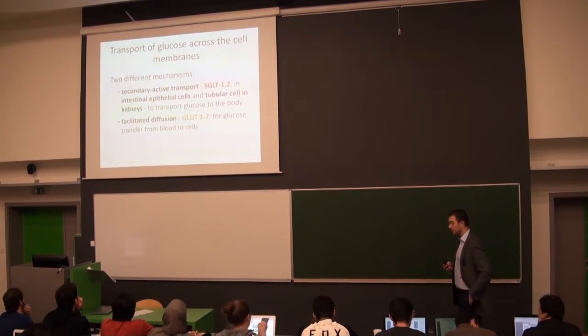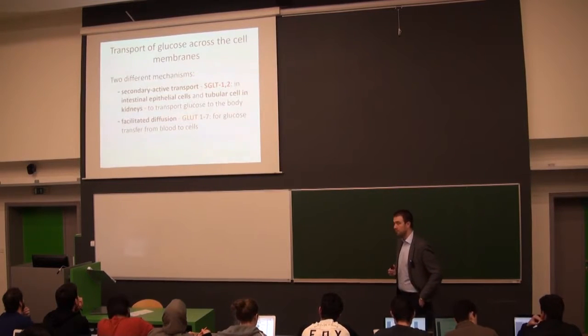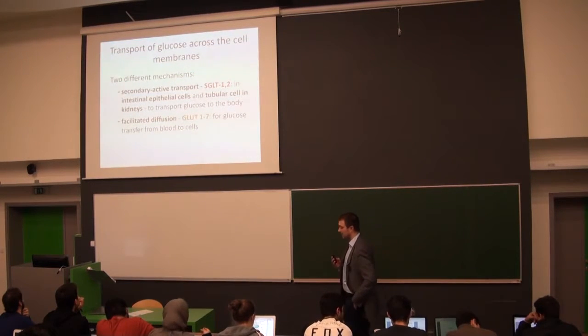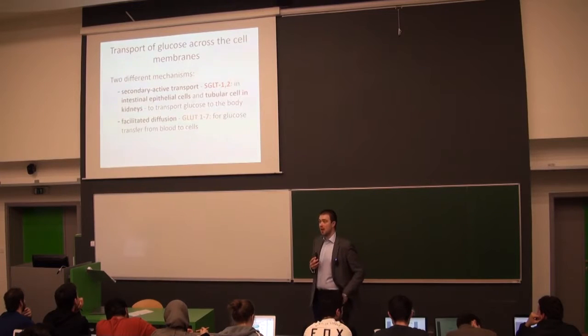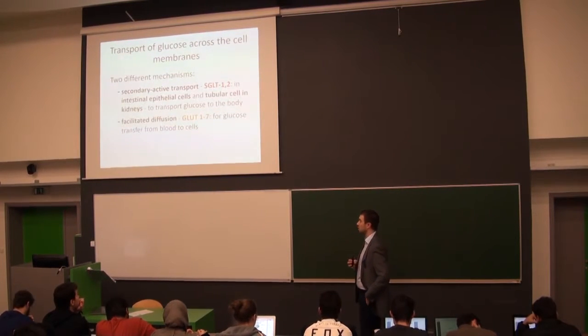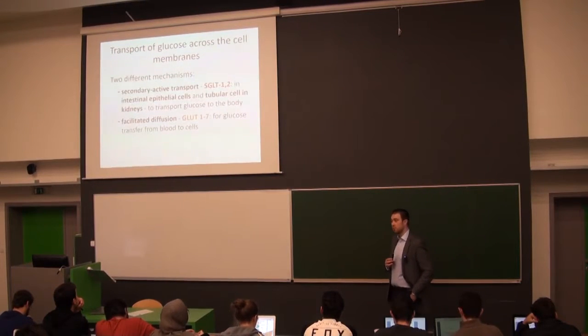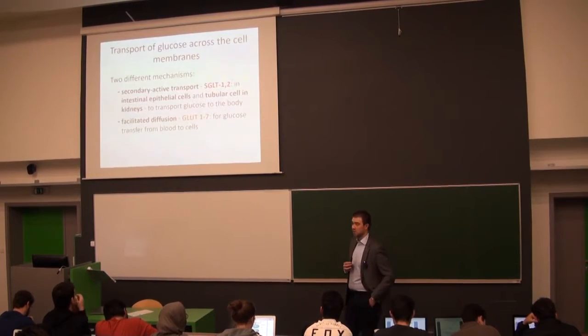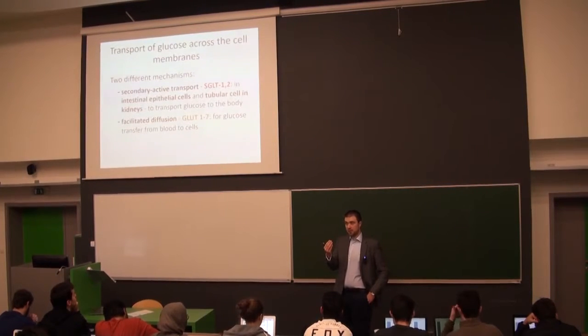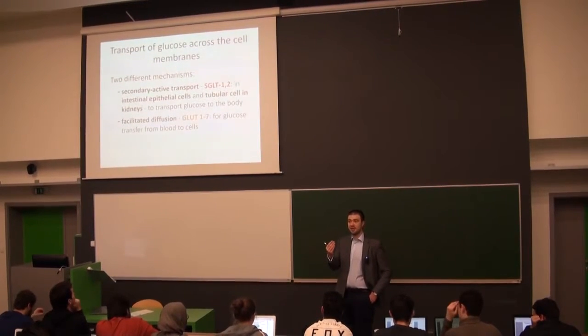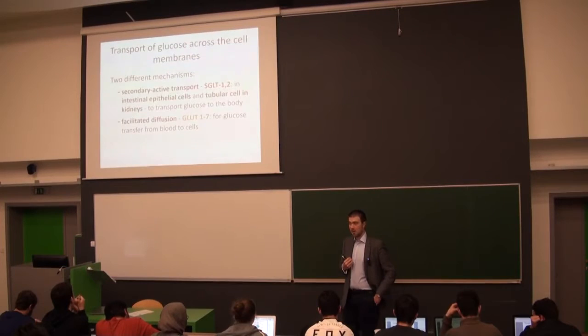Where inside our body can we find this transporter? Typically you find it at places where you have something that we can call the internal surface of our body. This transporter enables us to transfer molecules from the internal cavities inside our body.